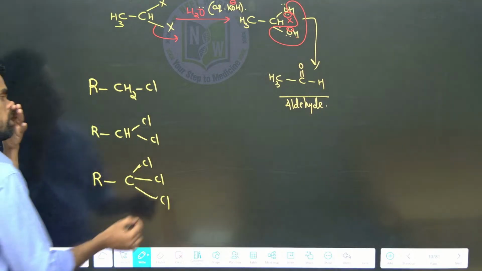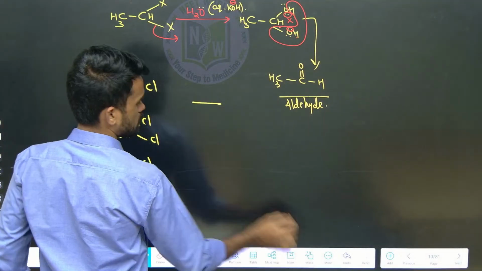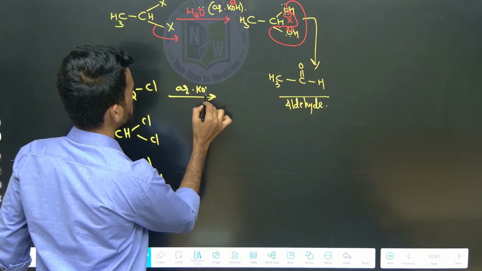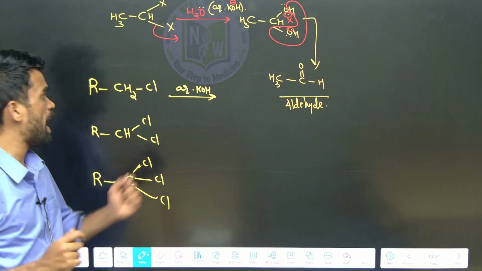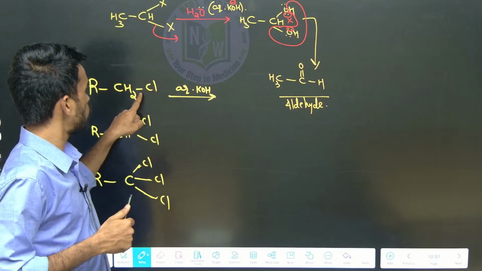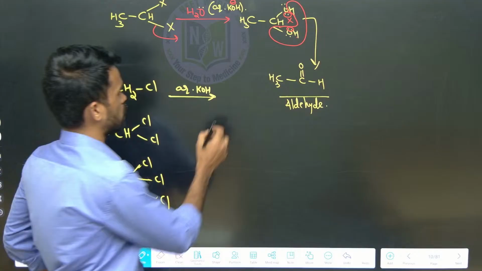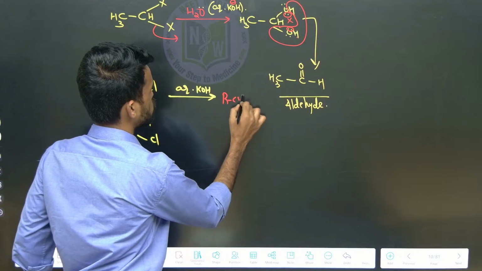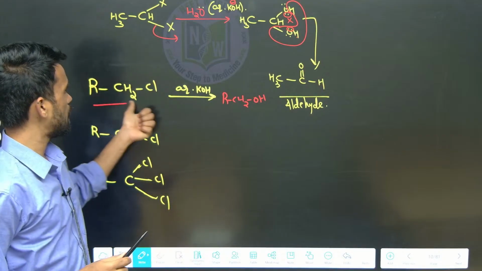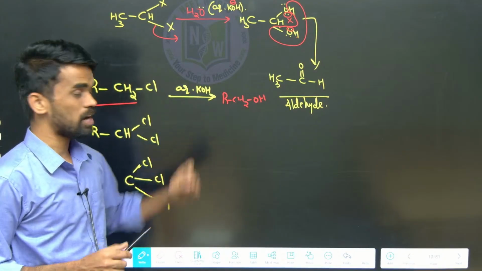Now let us do base hydrolysis here, treated with aqueous KOH. Whenever you see an aqueous medium, substitution takes place. So this chloride ion will be substituted by OH, and we will get RCH2OH. A simple alcohol is formed. A monoalkyl halide gives an alcohol.